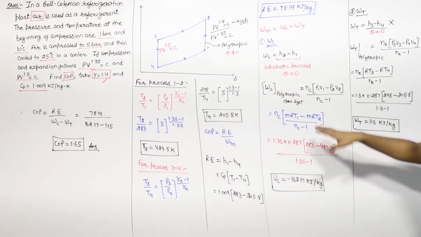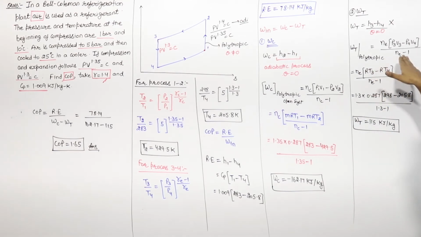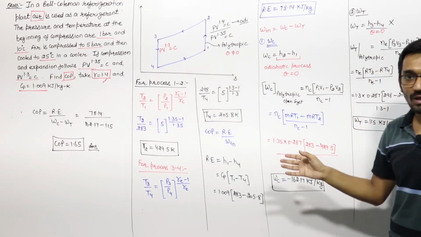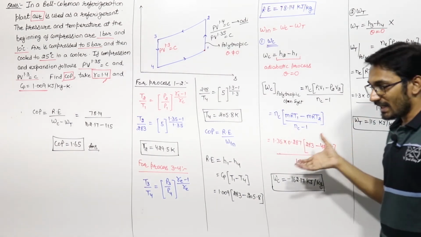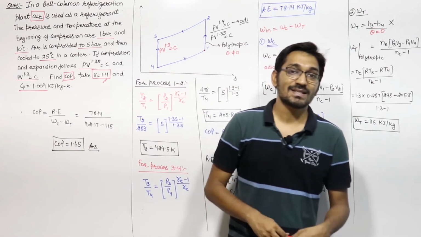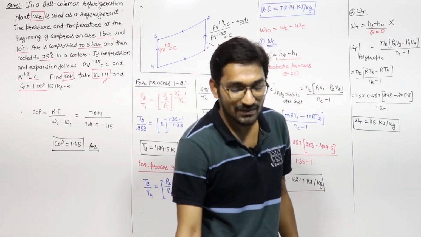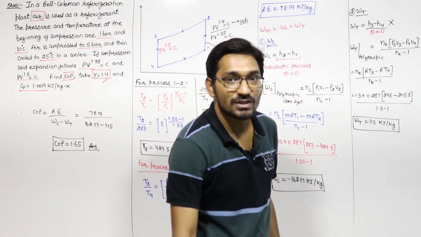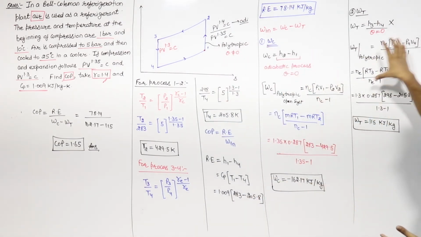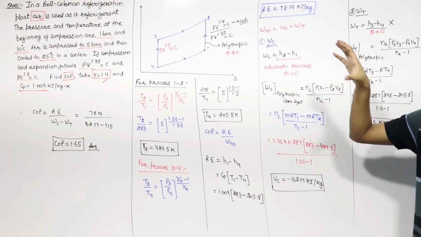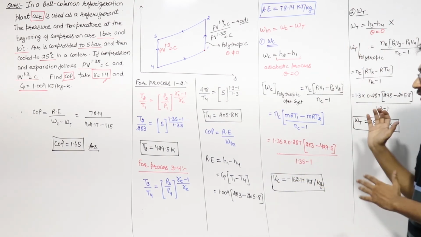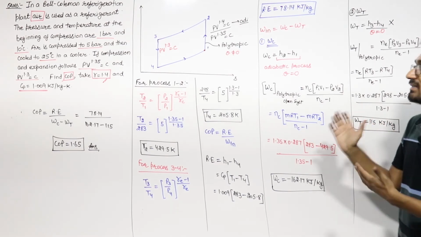So better to go with the open system work formula, that is n into (P1V1 minus P2V2) upon (n minus 1), and the compressor and turbine alone are considered as open systems, but this complete cycle is considered as a closed system. So don't confuse why we are using the open system work done formulas here and here, not the closed system work formulas, right? This is the basic concept of how you have to go for numericals like this.